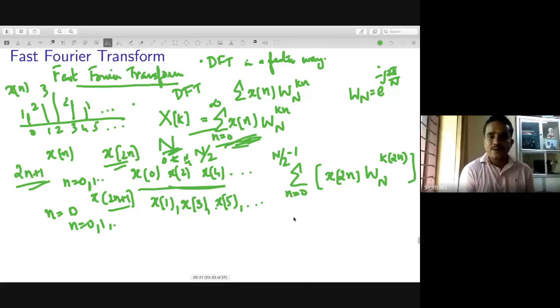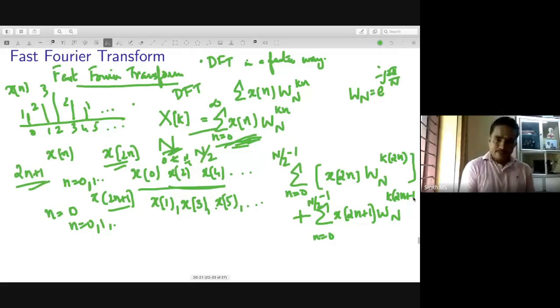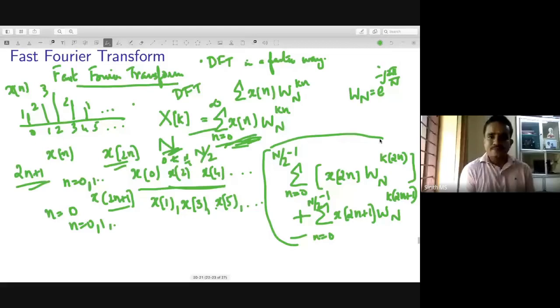Similarly, you will have the summation of odd terms, which you can write with n from 0 to N by 2 minus 1 again, x2n plus 1 wn raised to k times 2n plus 1. So this is your total summation, or this is the DFT capital Xk.